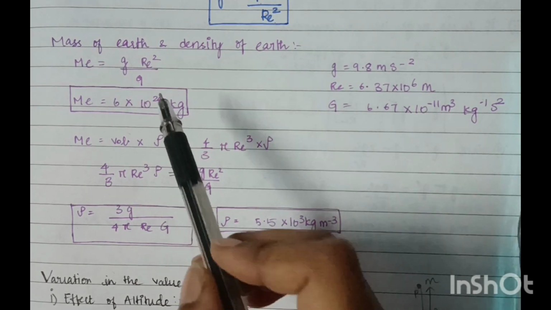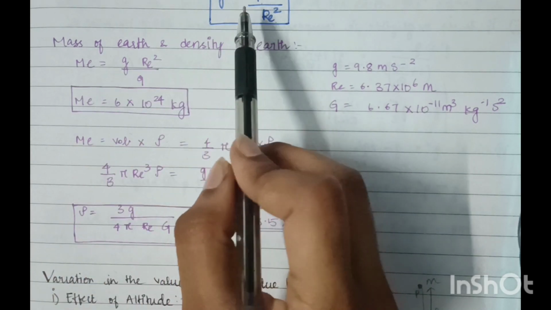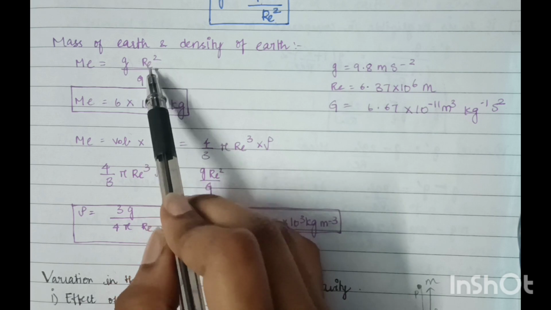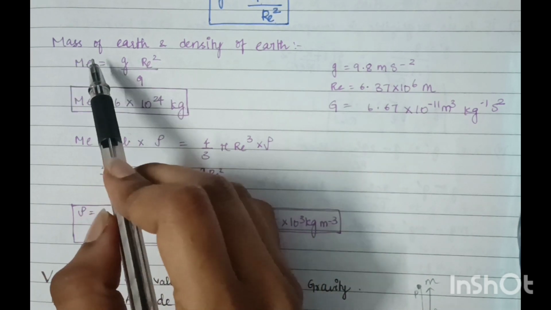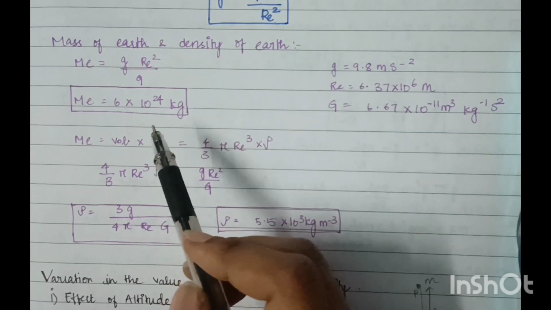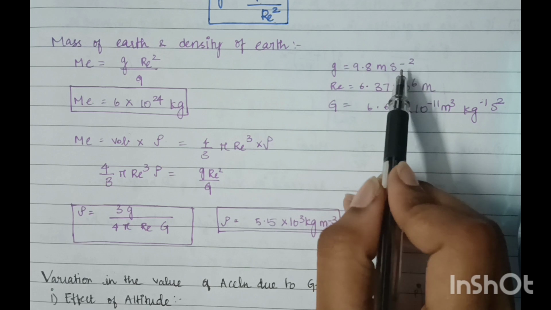Now let us see how we calculate the mass of earth and density of earth. From g equals G Me by R square, we write Me equals g R square by capital G, where Me is the mass of earth. So we are going to find the mass of the earth now. The value of g is 9.8 meter per second square.